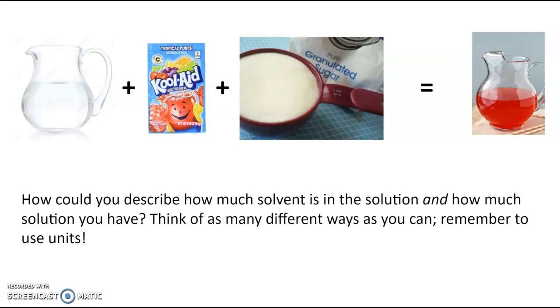Now, if we're talking about chemistry, typically we're going to use SI units. And so we're probably going to be dealing with liters for our solvent and probably grams or kilograms for our solute. And so those are the 2 ways that we're going to really measure how much of this stuff we have.